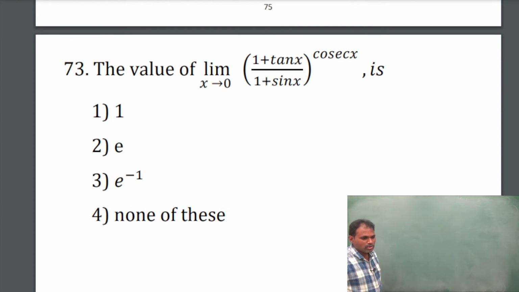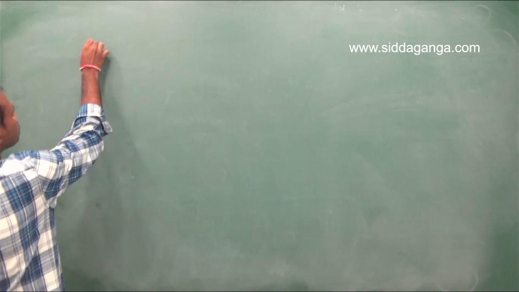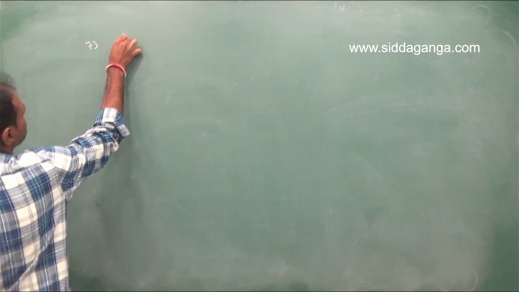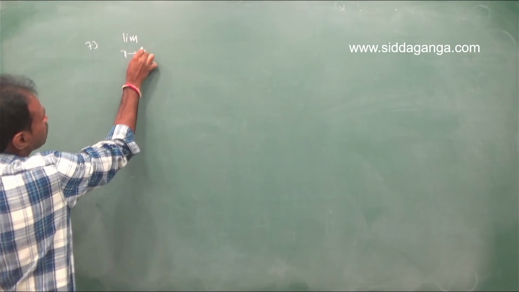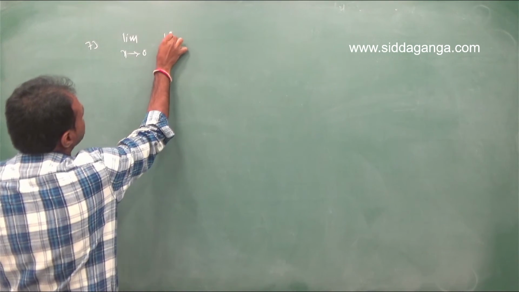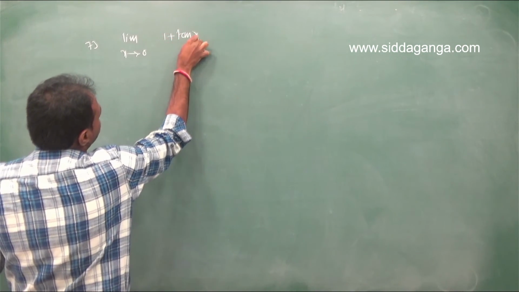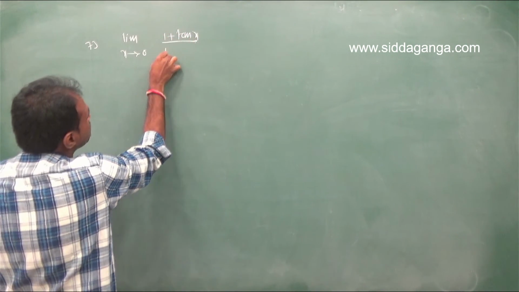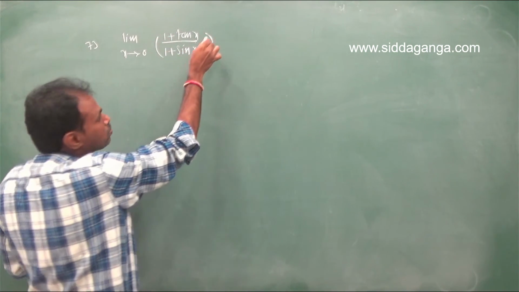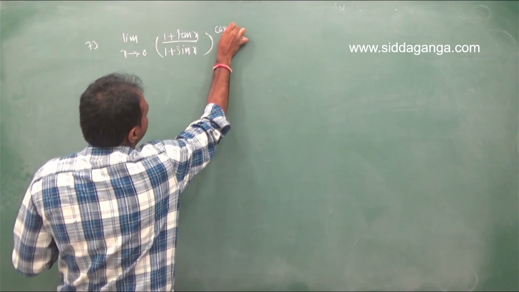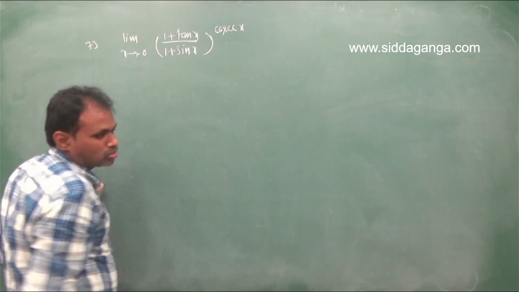The value of limit x tends to 0, ((1 + tan x)/(1 + sin x)) whole power cosecant x is equal to. Now, limit x tends to 0, ((1 + tan x)/(1 + sin x)) whole power cosecant x.